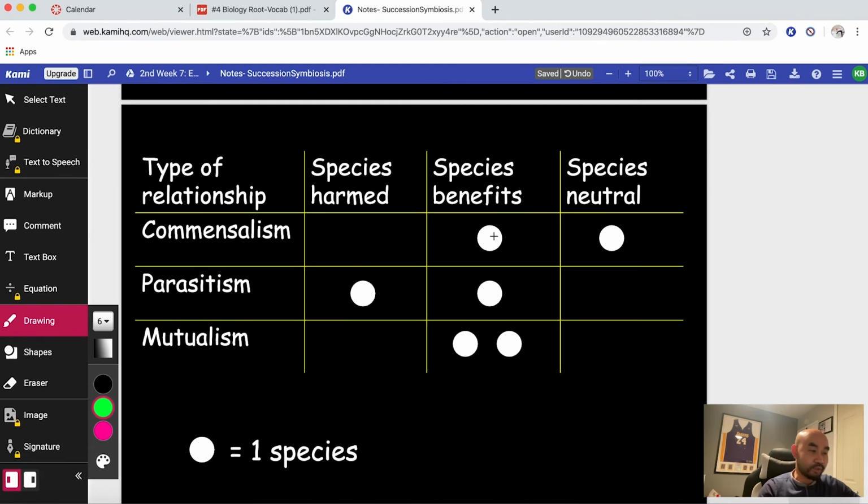So again, just a quick reminder, commensalism, one benefits, the other one's neutral. Parasitism, one benefits, the other one is harmed, so it's bad, no good. Mutualism, both benefit, is good.